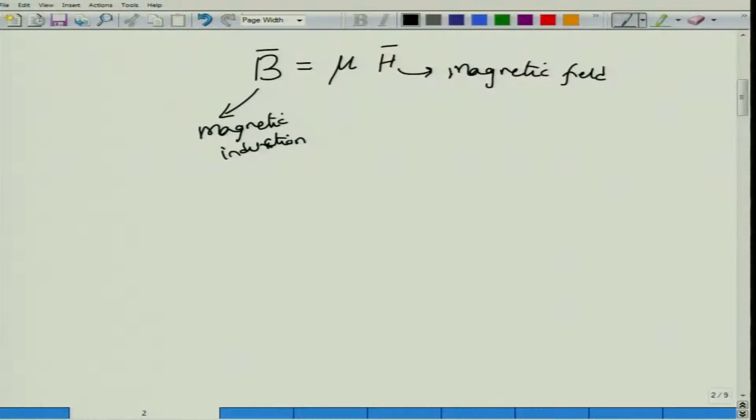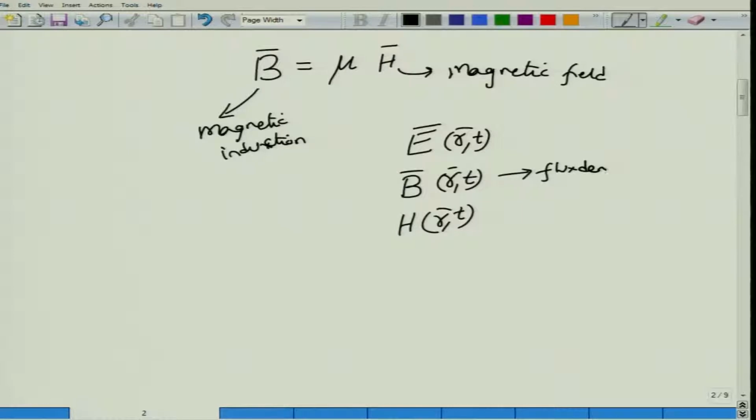So in a matter of a few minutes, we have seen three electromagnetic quantities. One is the electric field quantity E(r,t), then there is a magnetic field quantity B(r,t), and then there is another magnetic quantity, or rather magnetic induction or flux density, H, which is called the magnetic field, or simply the H field.